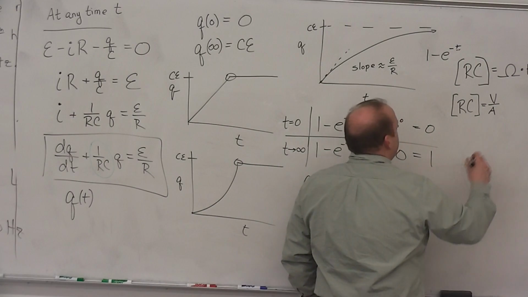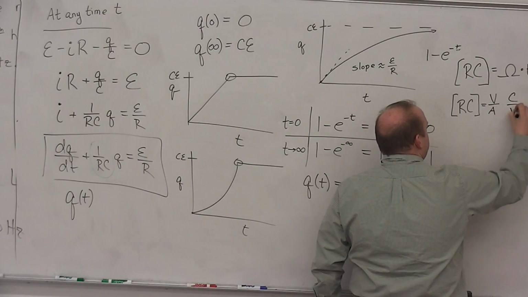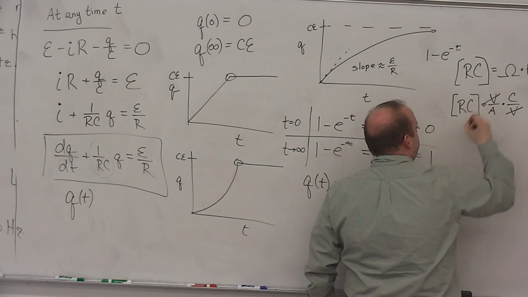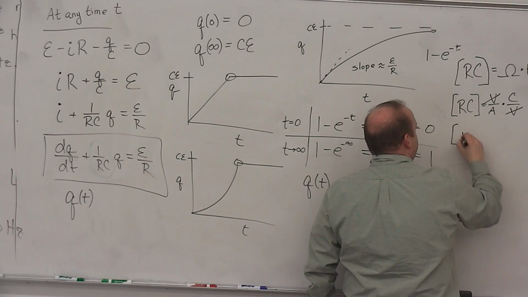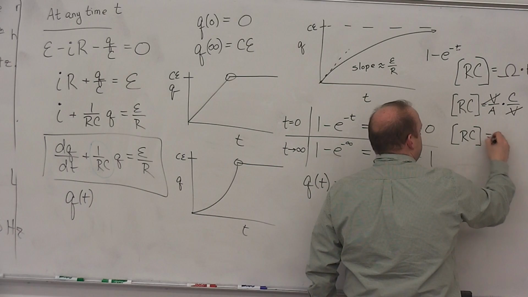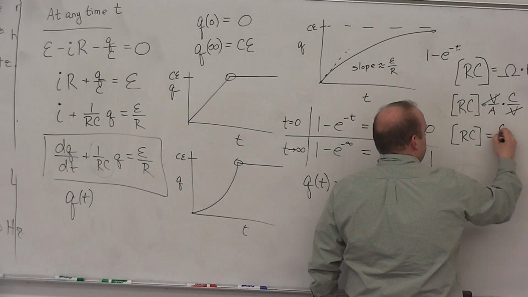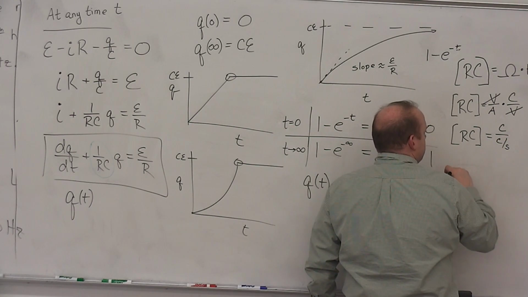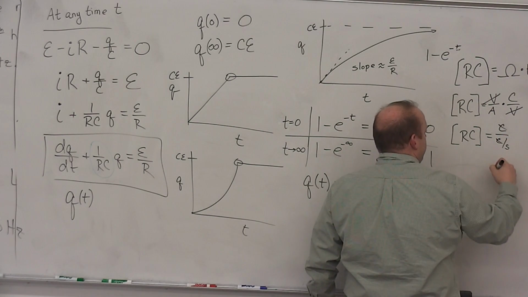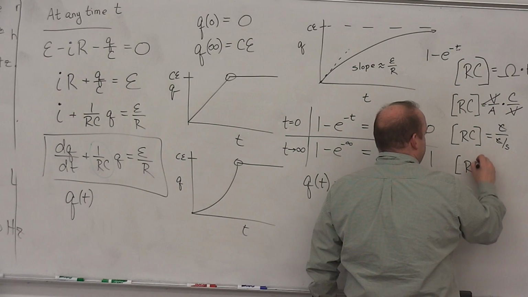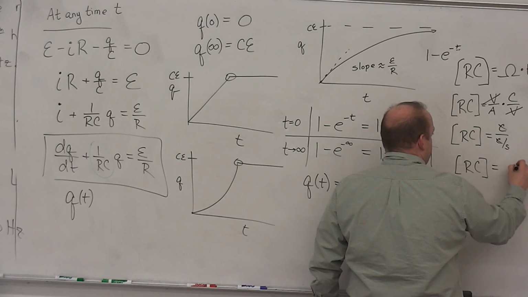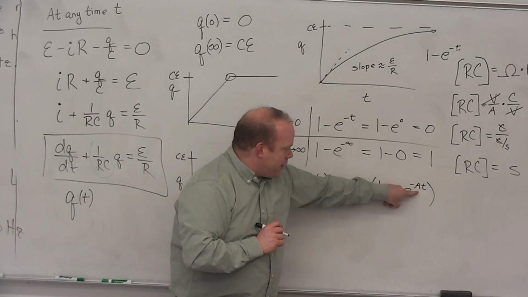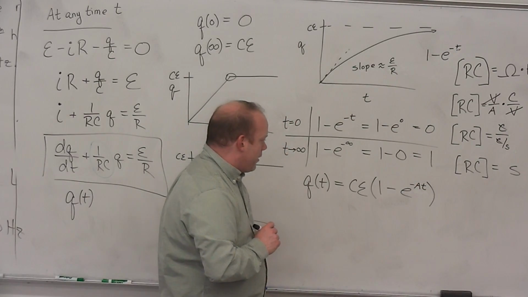So C is going to be coulombs per volt. Volts disappear. Units of RC. Coulomb, I know the ampere is the base unit, but whatever. Coulombs per second. Coulombs drop off. Units of RC equal seconds. Now, we don't want this to be RC so that you get seconds squared.